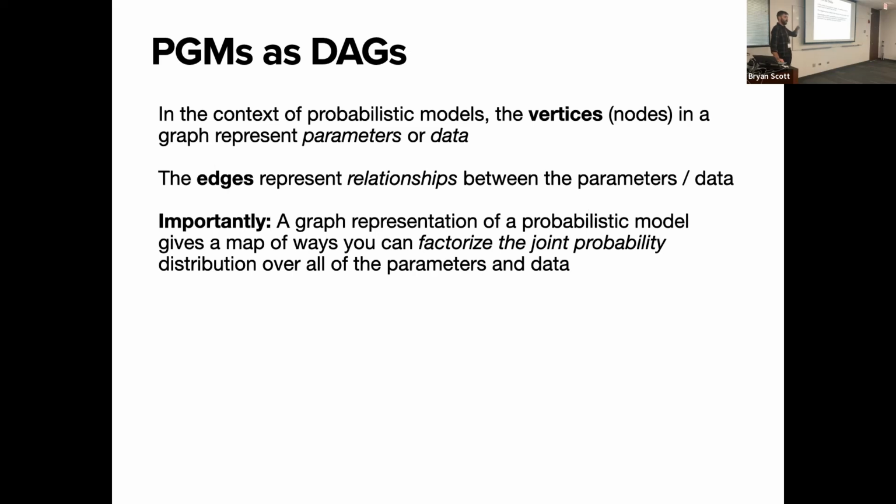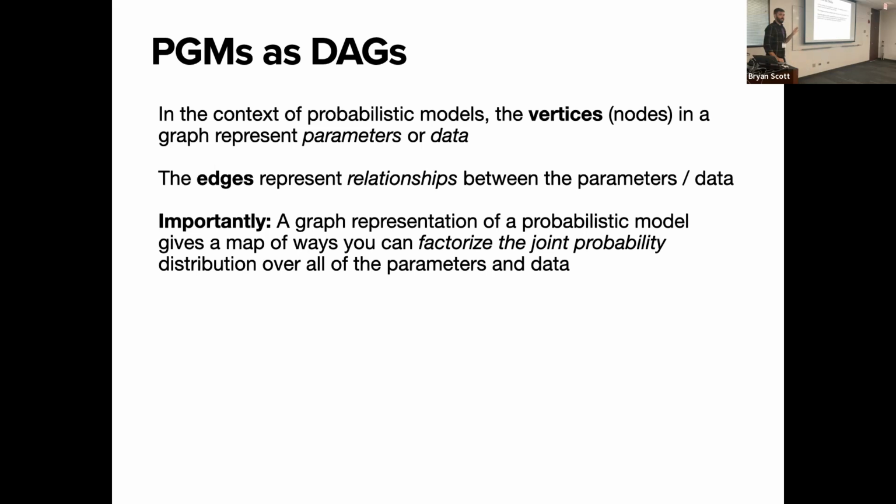The edges that we're going to draw between the vertices represent the relationships or the dependencies that a variable or a piece of data has on other variables and other parameters in your model. This sentence took me a long time to internalize and figure out. So I'm going to say it, but if it doesn't mean anything to you, that's fine. We're going to come back to it.